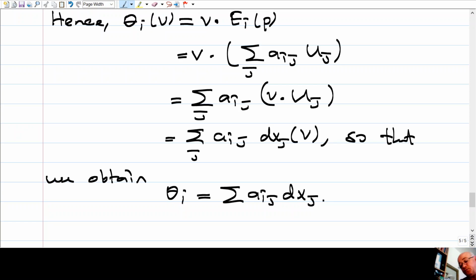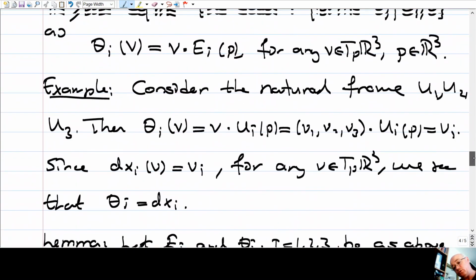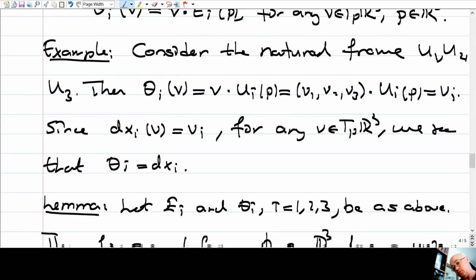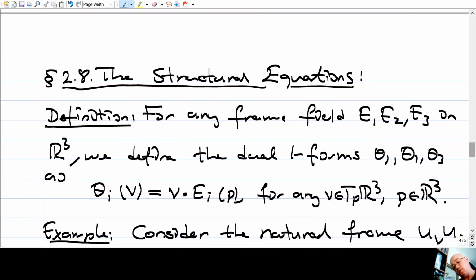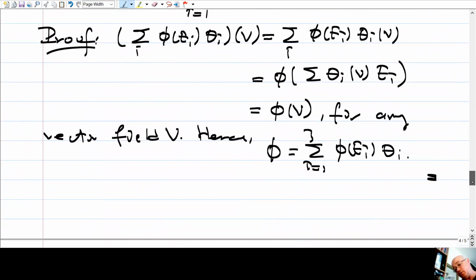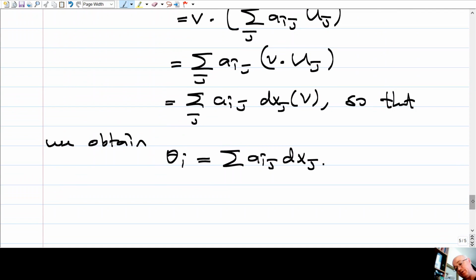So the dual one forms corresponding to this frame field are given in terms of this matrix aij and standard one forms corresponding to the natural frame field. Okay. All right. We have also the following.